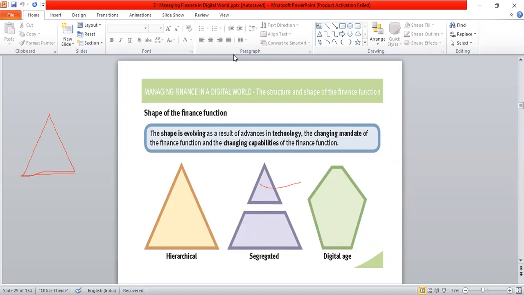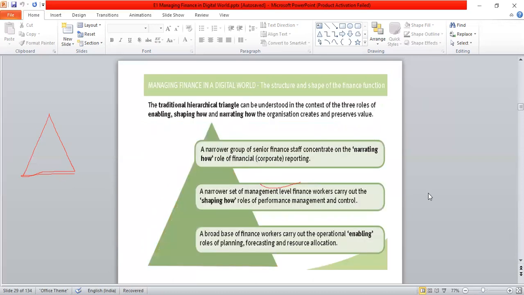What happened? We see that at the bottom, it has narrowed down. The top is also not a pinnacle like we see here. The top also has flattened. The central part of it, we see that there is a little bulge there. So the same figure is now changed into a diamond shape.